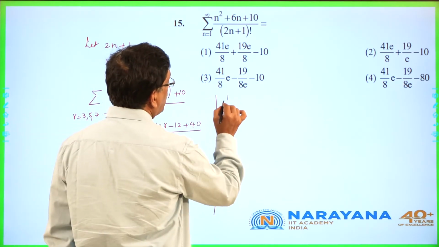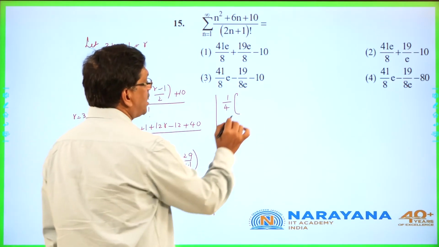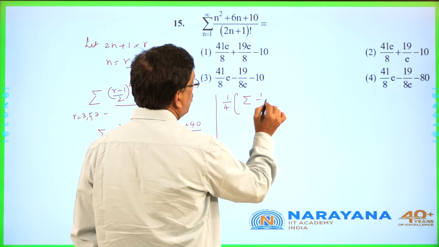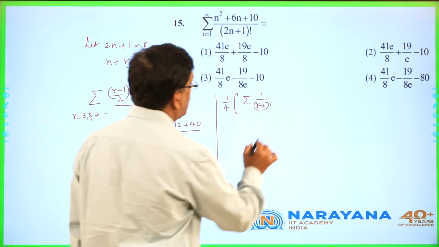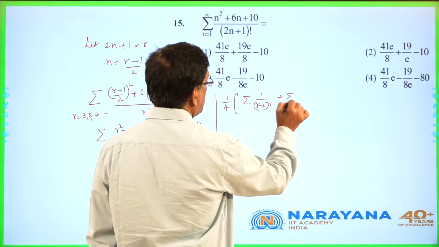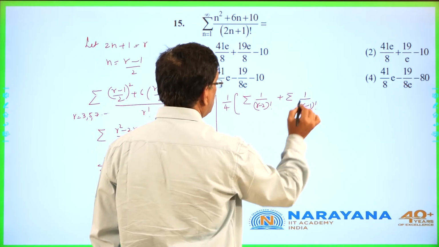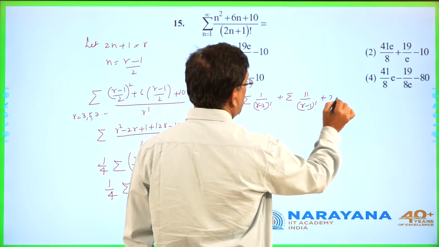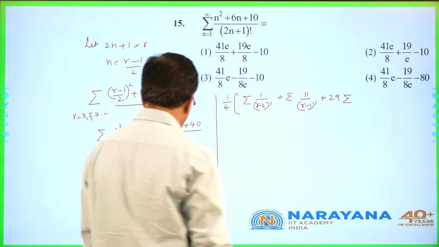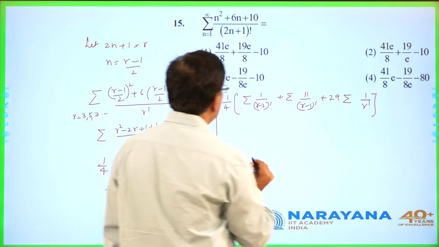Let us keep 1 by 4 same. This can be written as summation 1 by r minus 2 factorial plus summation 1 by r minus 1 factorial. Of course, for this one 11 is there. 29 sigma 1 by r factorial, right?